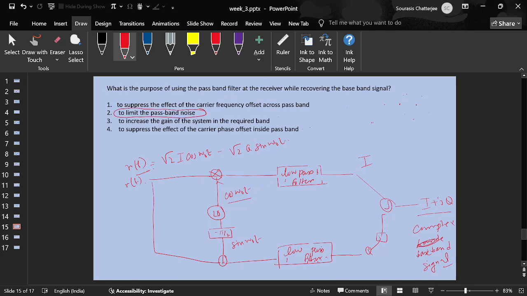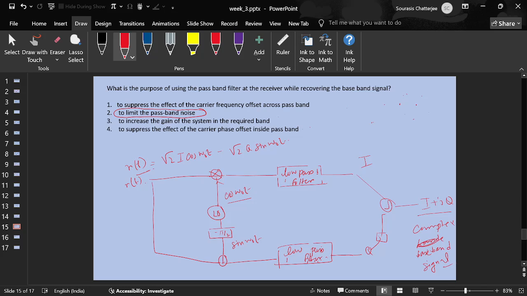And can you please point out why it's necessary to implement this passband filter here? Why you should use a passband filter? What is the goal of that? Noise in the passband will be filtered out.